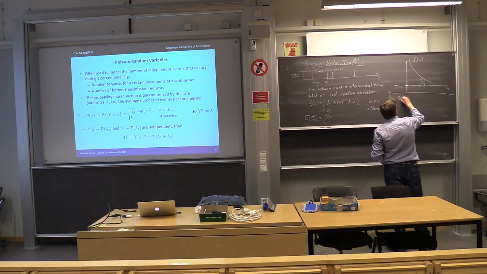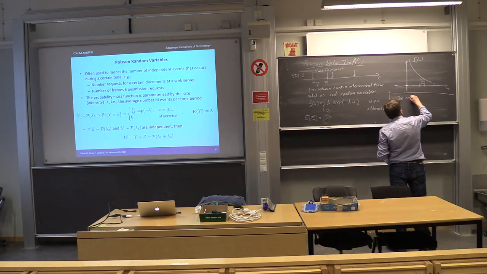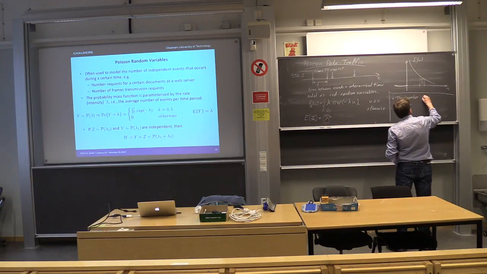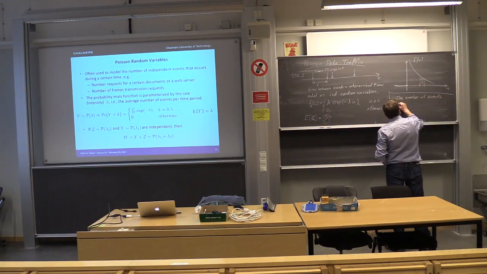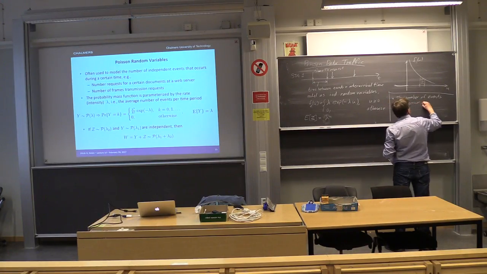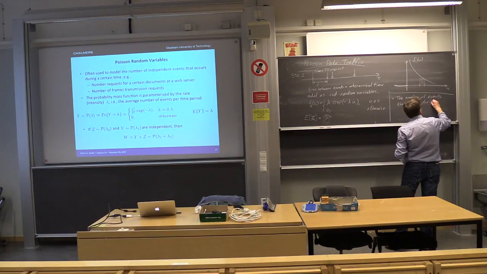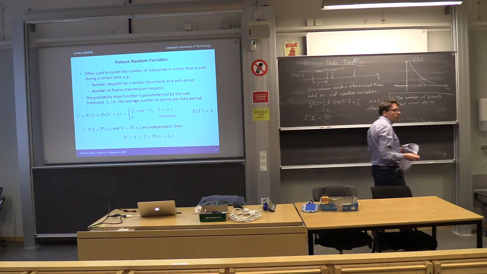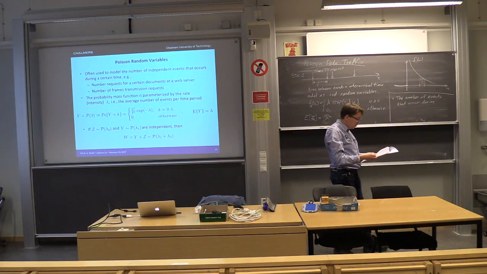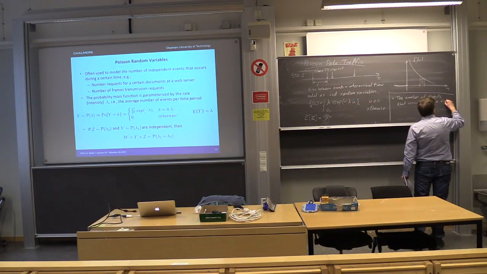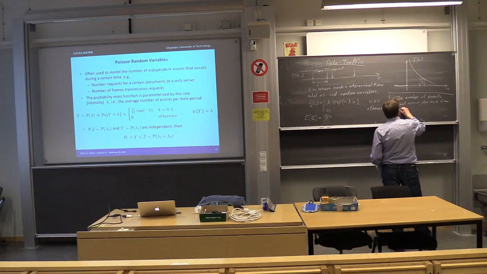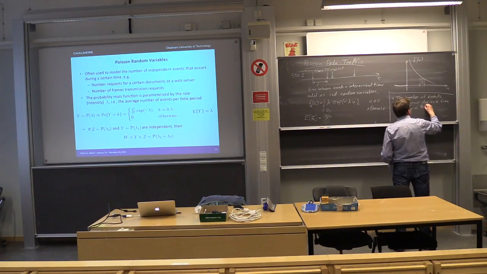Now, the number of events that occur during this time period, whatever time period we are considering, let's call it time unit, is a Poisson distributed random variable.